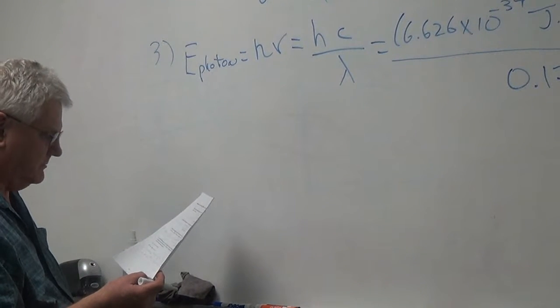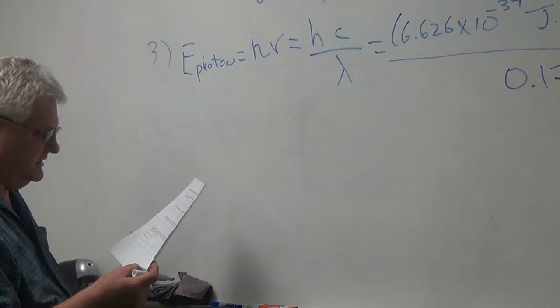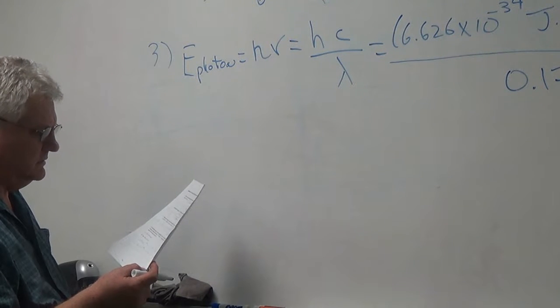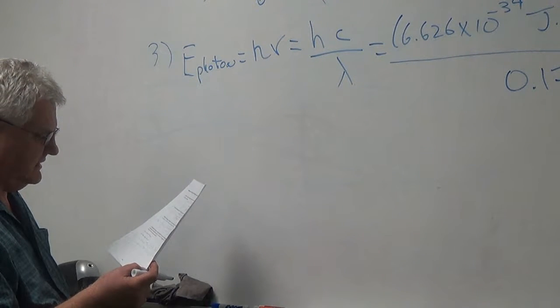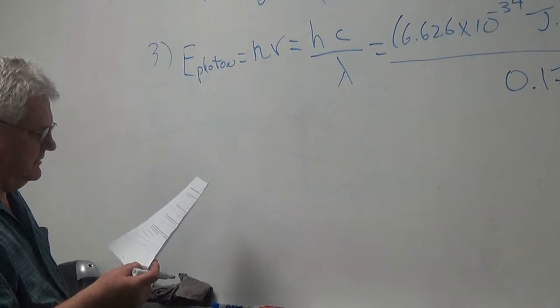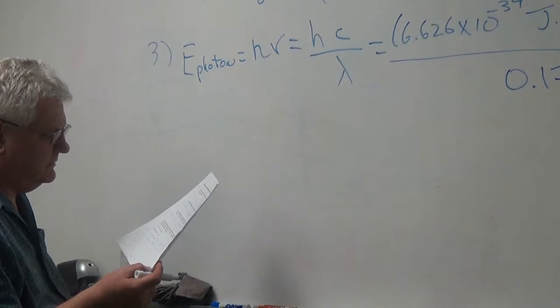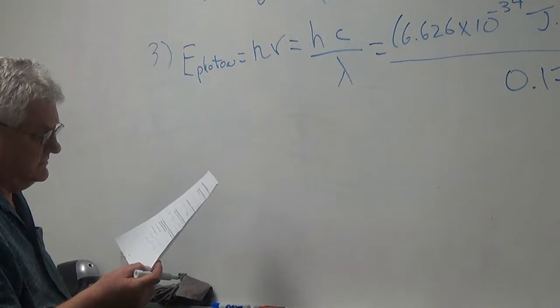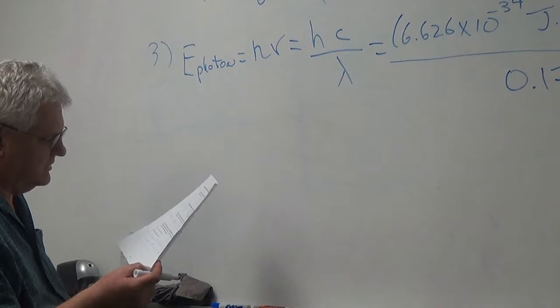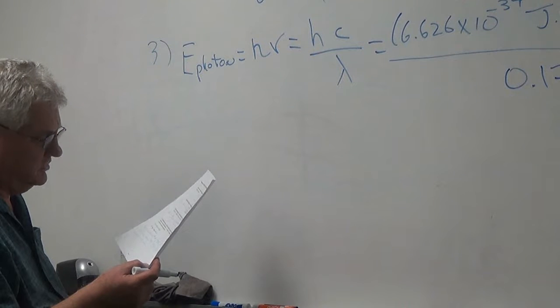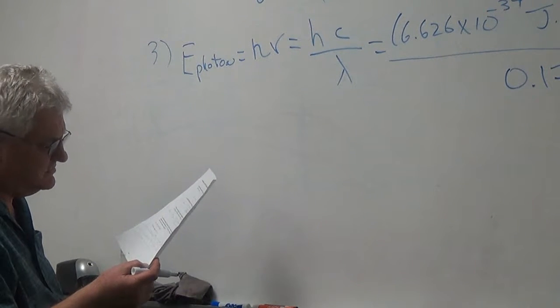And it's on problem number 4. Calculate the energy in joules required to excite a hydrogen atom by causing an electronic transition from n equal 1 to n equal 5. Recall that the energy levels of a hydrogen atom are given by the simple formula: the energy of an electron in the nth energy level is the Rydberg constant times minus 1, I should say, minus 2.18 times 10 to the minus 18 joules times 1 over n squared.